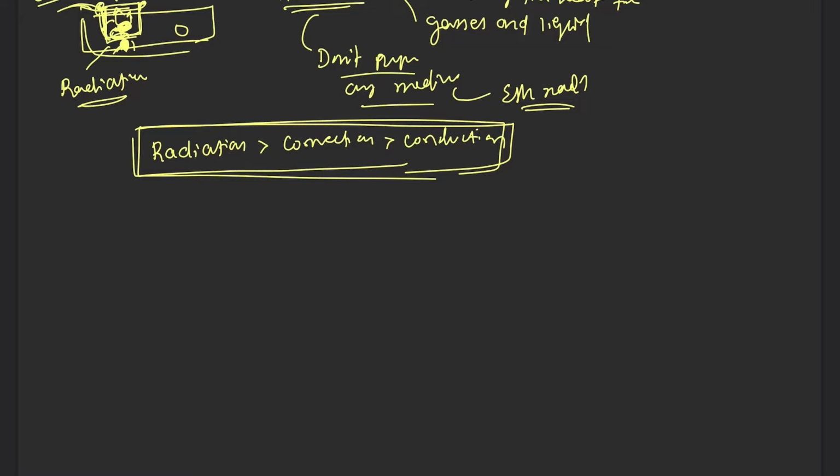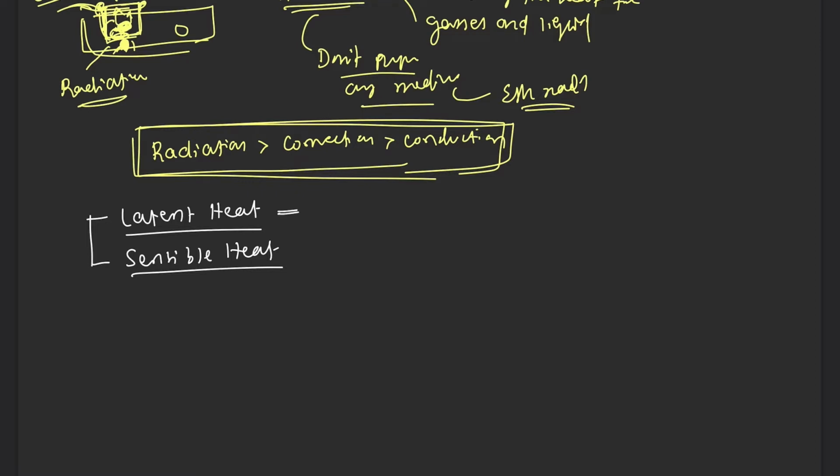Okay, so there are two types of heat energy. One is latent heat, another is sensible heat. What is latent heat and what is sensible heat? If there is a phase change, suppose we are boiling water, that converts from liquid to gas.